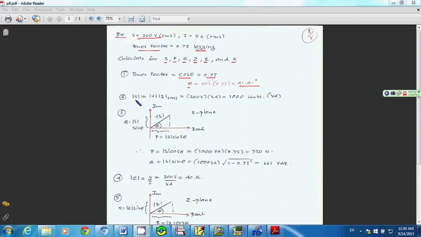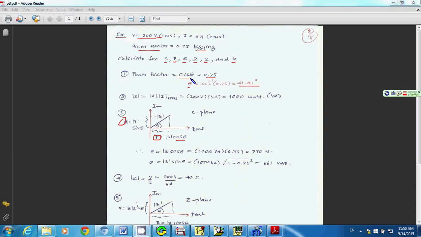Now the magnitude of your S is what? Because if you can find the magnitude of your S, you can find P, you can find Q, right? Because P is the real part of S, and P equals the magnitude of S multiplied by cosine theta, and your Q, the reactive power, equals the magnitude of S multiplied by sine theta.